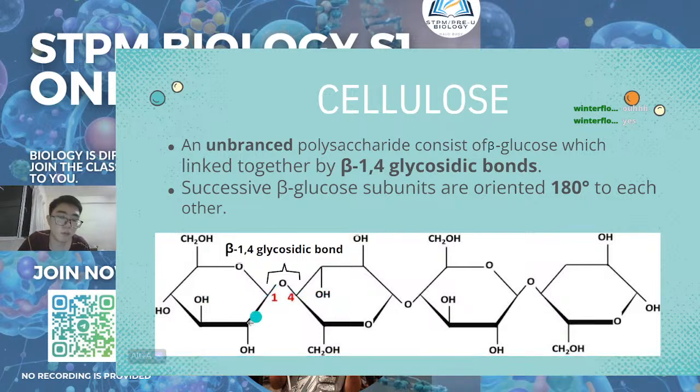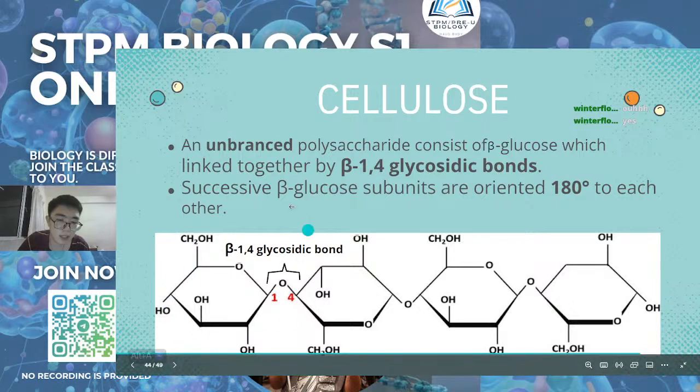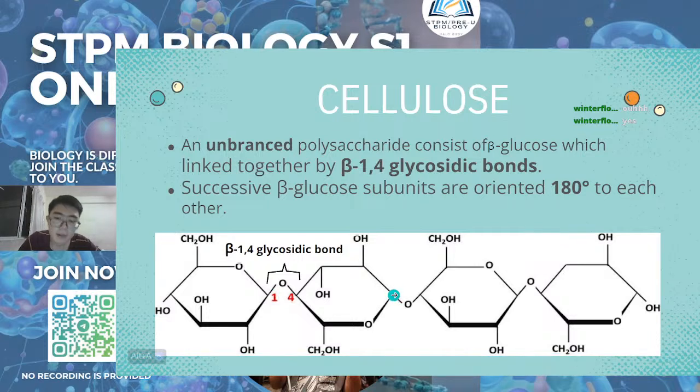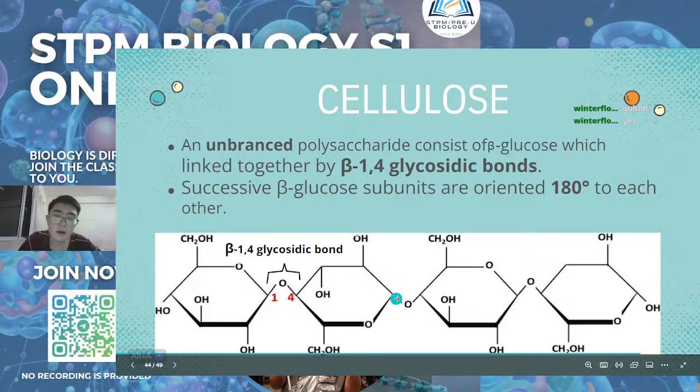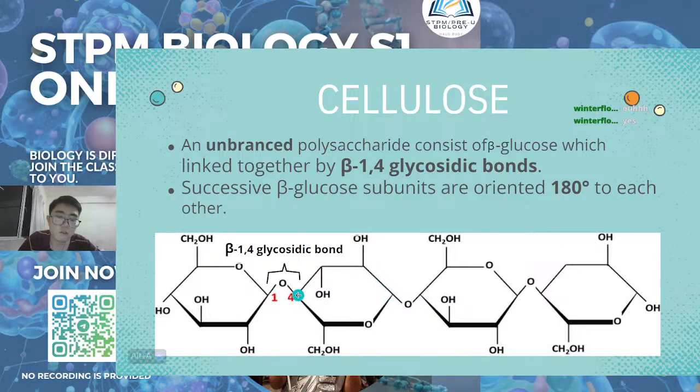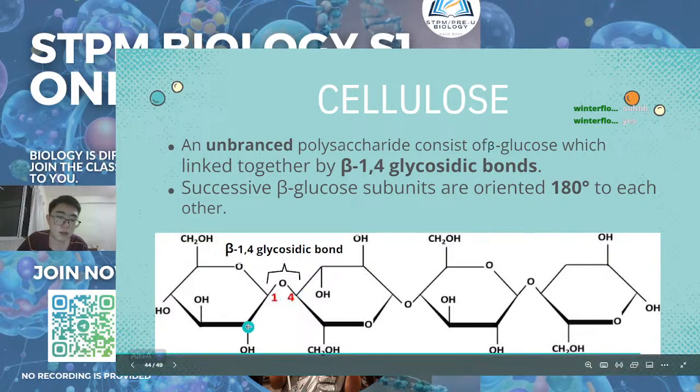You see that 1, 2, 3, 4 for this subunit, and you see here this is also 1 but not counted from here. Count inverted. 1, 2, 3, 4. This one counts to the bottom. This one counts to the upper. So it is all inverted. So 1, 2, 3, 4. This one is also inverted again.